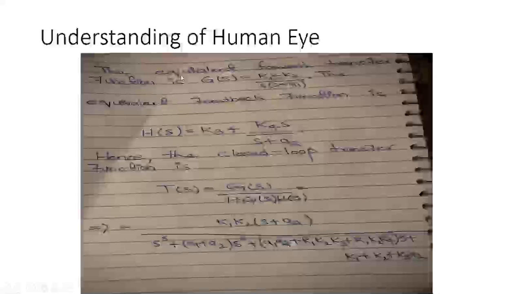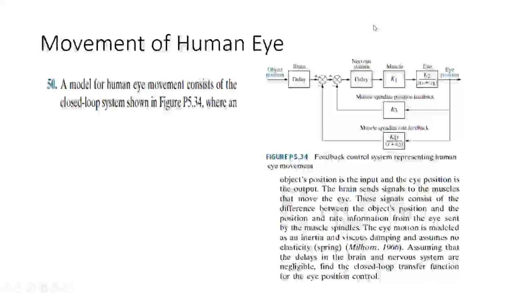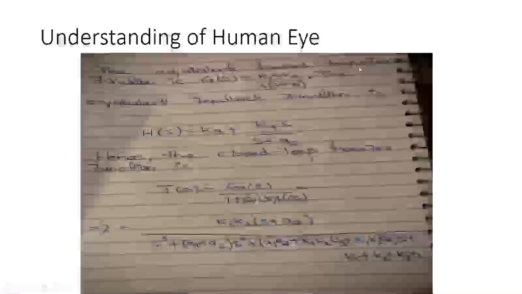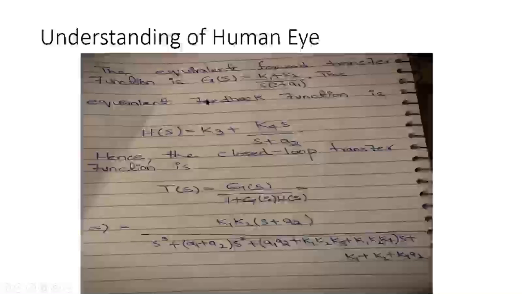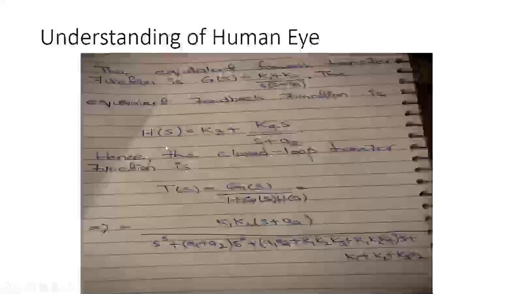This comes from K1 plus K2 divided by s plus a1. So this is our forward transfer function, which is represented by G(s). The second thing we know about this is the equivalent feedback function, H(s).